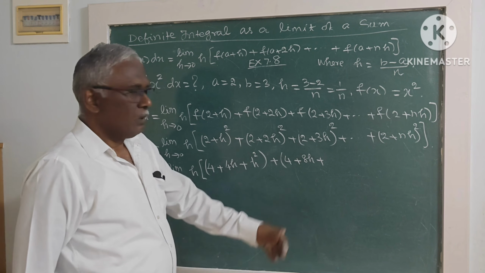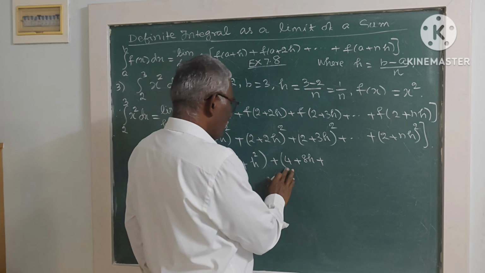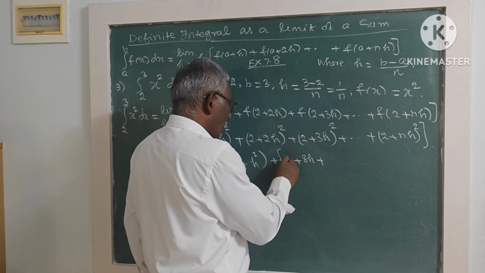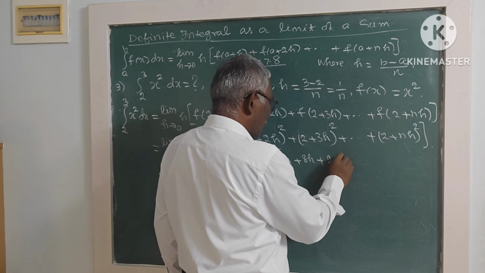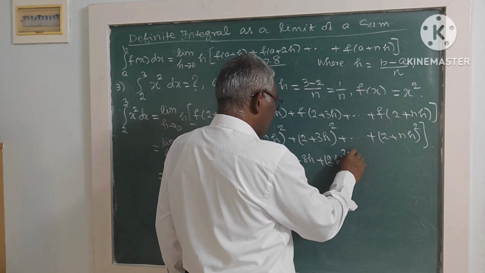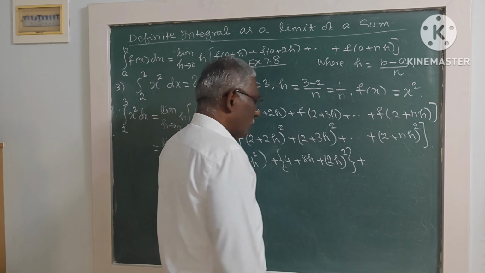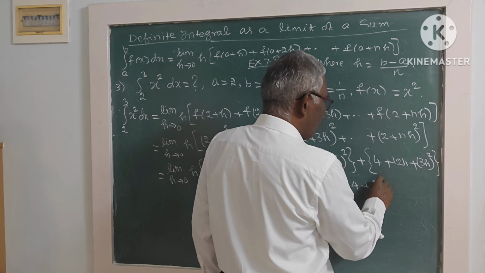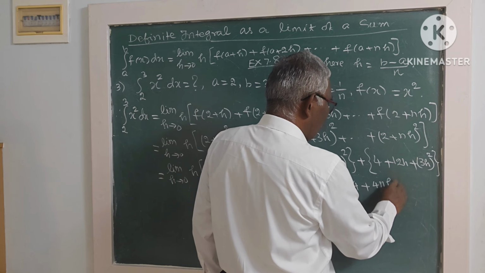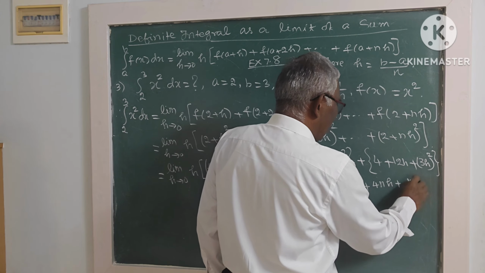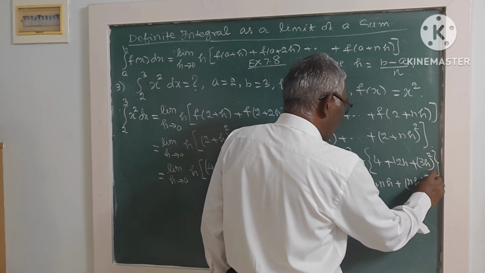I am not writing 4h square, I am writing (2h) whole square. Plus n, 4nh, plus (nh) whole square.